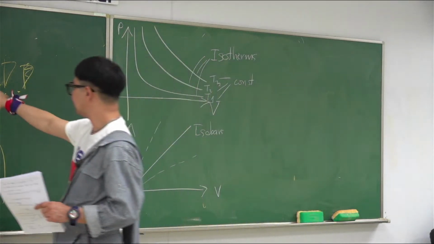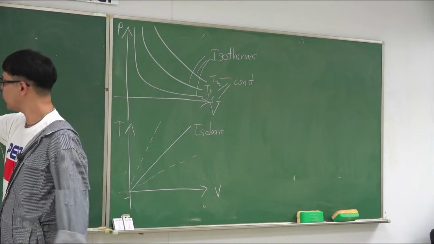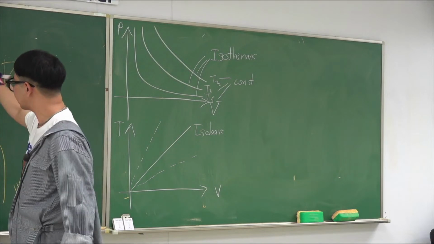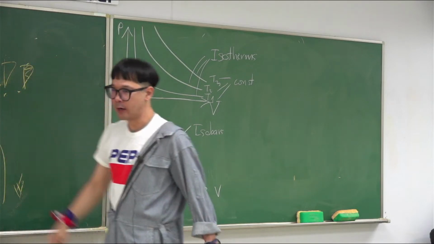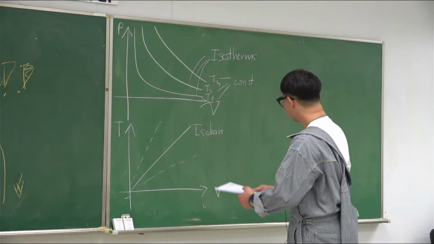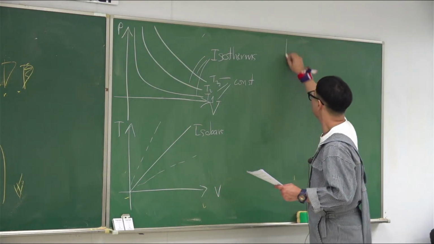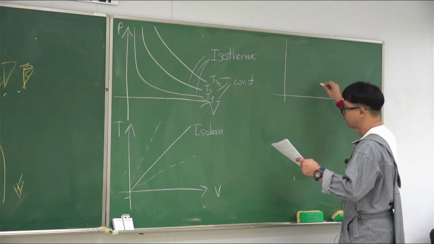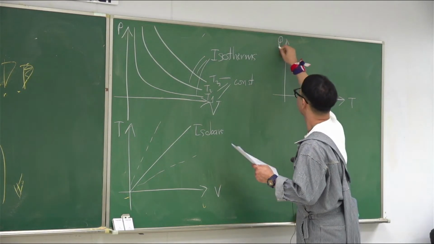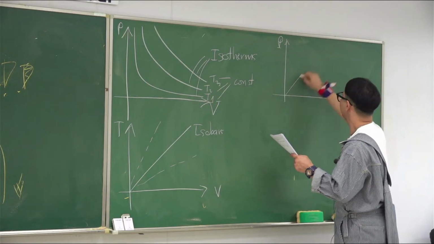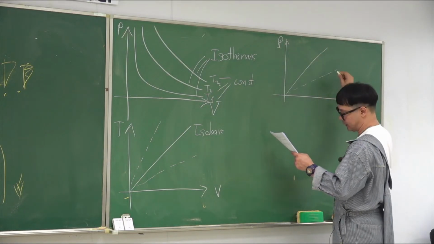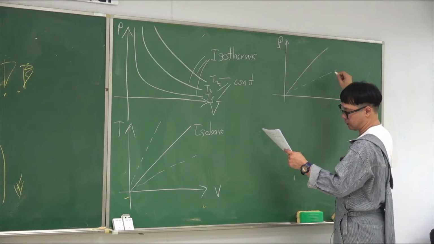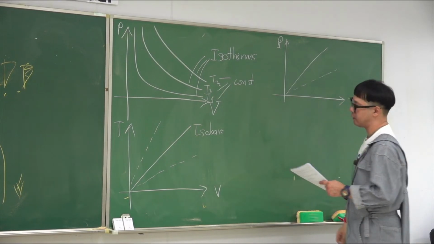This is T and V. If you move P, this is just the slope, right? Okay. And the last one is going to be T with the P. Again, you're going to have this kind of curve.